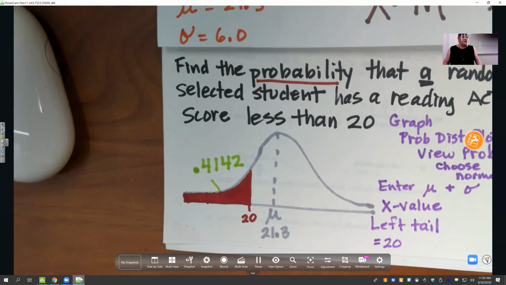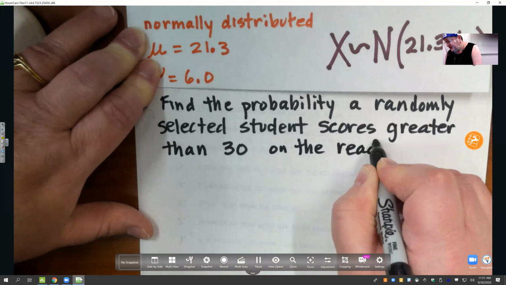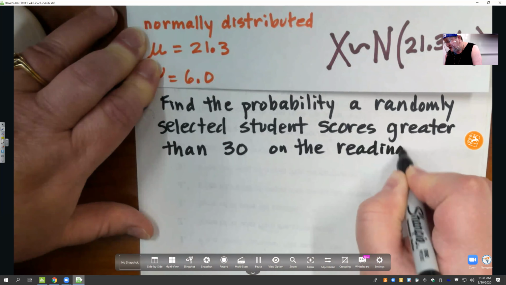So now we're going to find the probability a randomly selected student scores greater than 30 on the reading ACT.